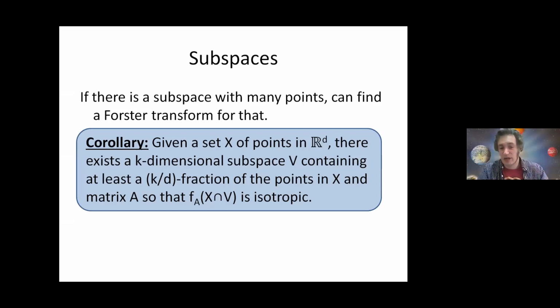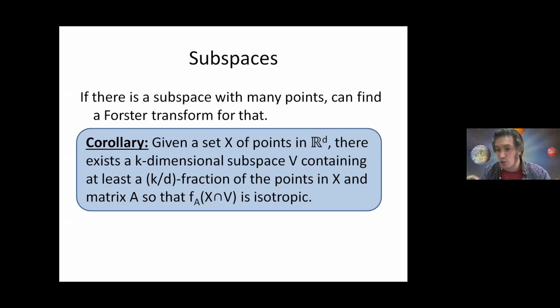And so the corollary that we get is that if you give me any set X of points in R^d, there is some k-dimensional subspace V that contains at least a k over d fraction of the points, and a matrix A such that the appropriate transform f_A, when applied to the intersection of X with V, is isotropic within the space A of V. So you've got this subspace that contains a decent fraction of the points.